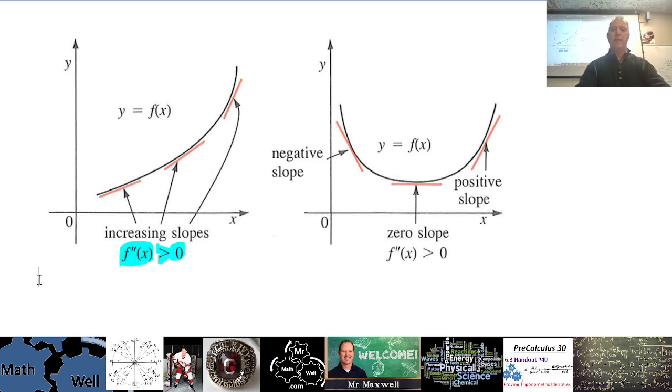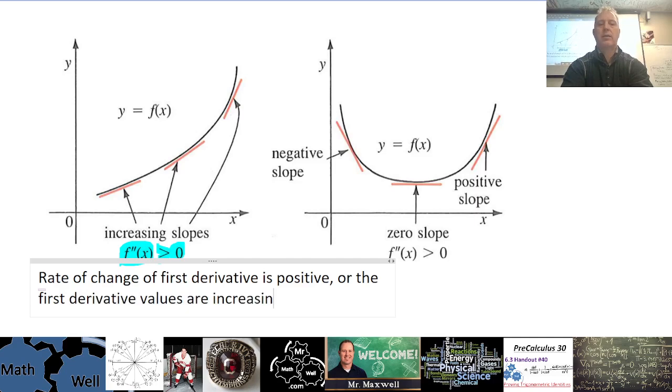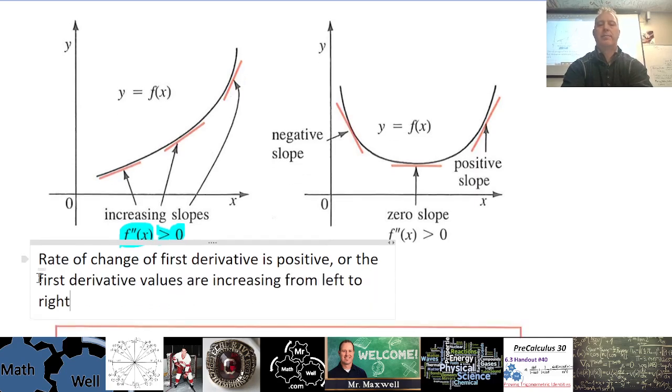What's another way to put that? I'll write that down. Rate of change of first derivative is positive, or the first derivative values are increasing from left to right.